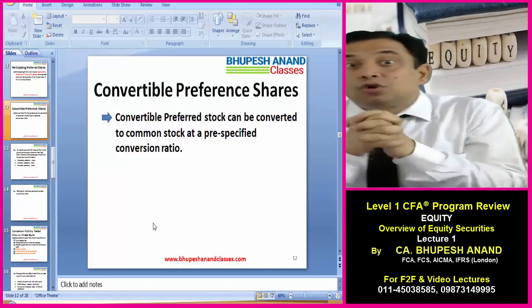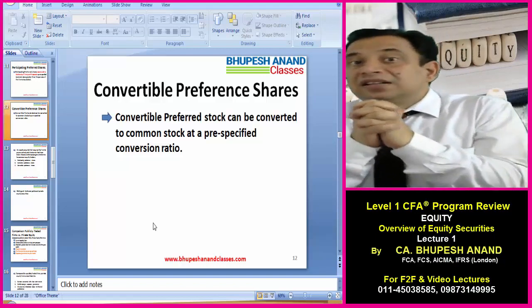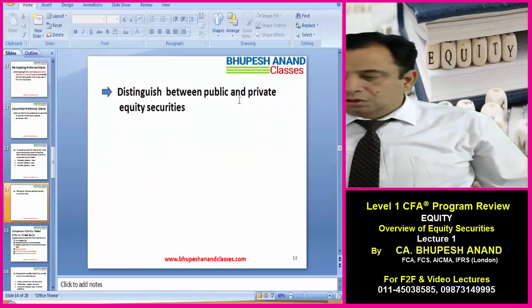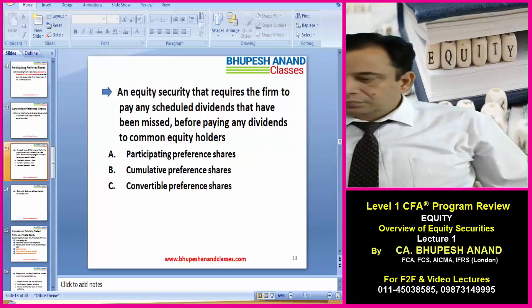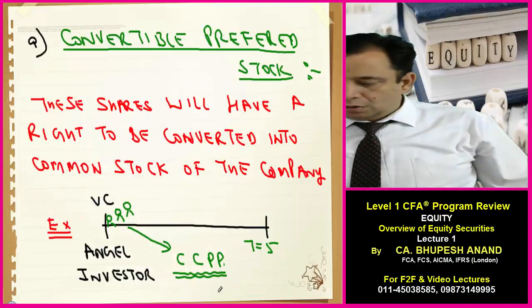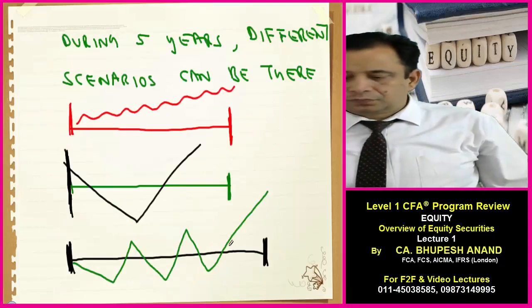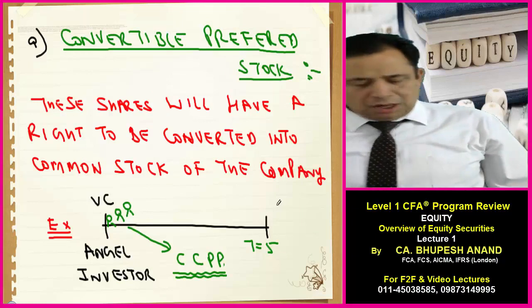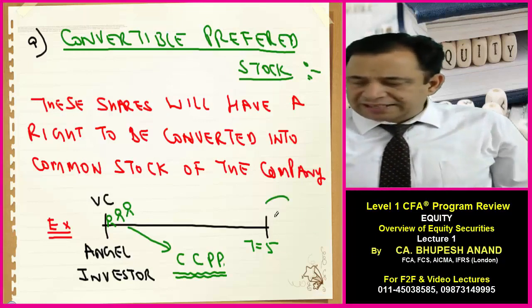I have told you that venture capitalists generally go for these types of preference shares. For example, I have written here that the VC has invested at T0. Now they want to invest their funds up to T5, and after T5 they want to exit through an IPO.